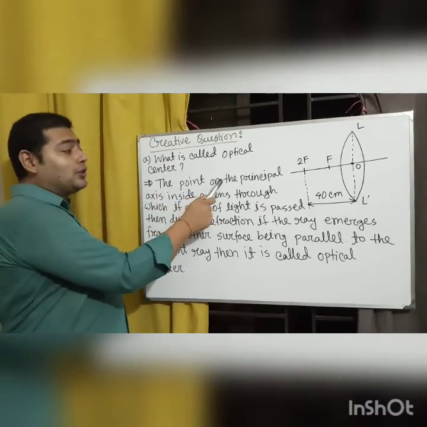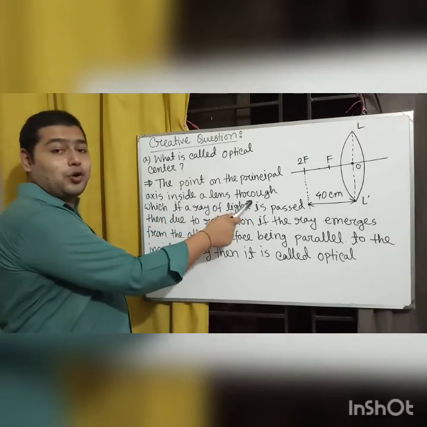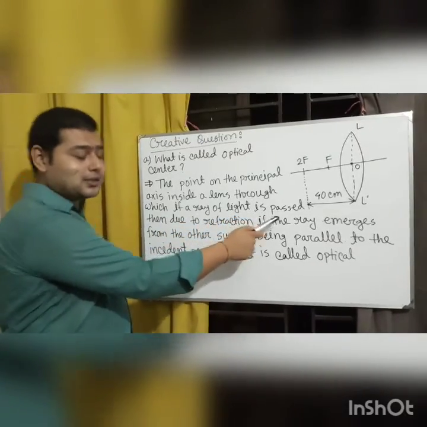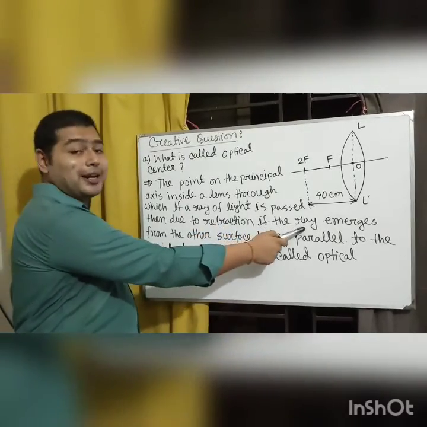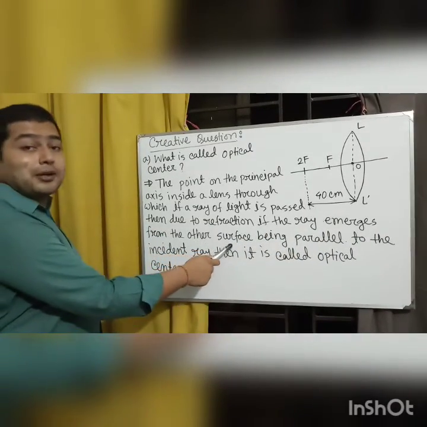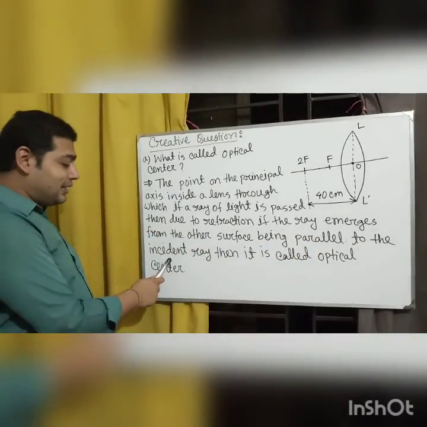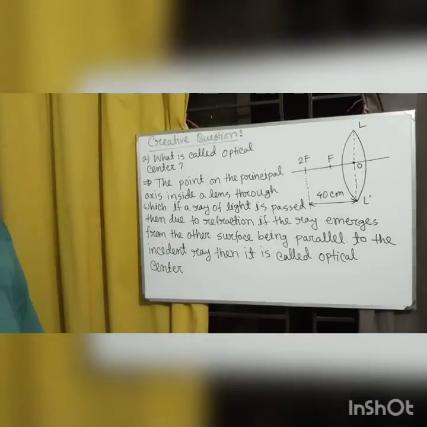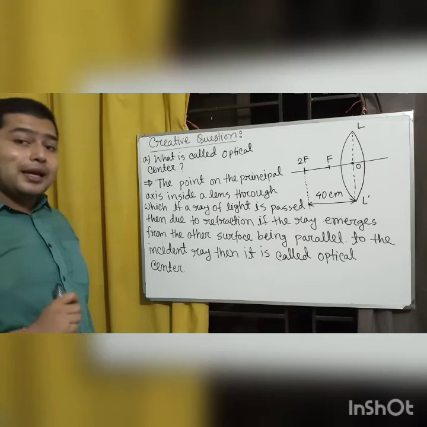The point on the principal axis inside a lens through which if a ray of light is passed, then due to refraction, if the ray emerges from the other surface being parallel to the incident ray, then it is called optical center. Okay, so this is our answer for question number A.